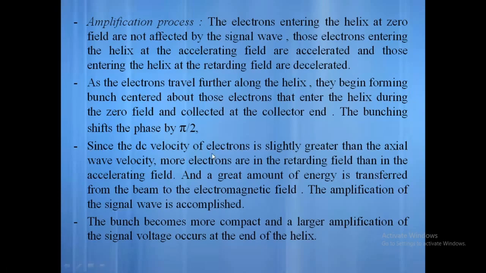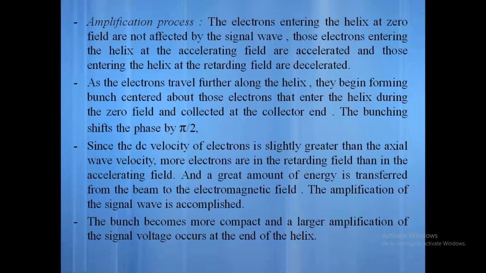Next, since the DC voltage of the electron is slightly greater than the axial wave velocity, more electrons are in the retarding field. What I explained is that during the negative cycle there will be more electrons, because the early electrons and late electrons are combined.